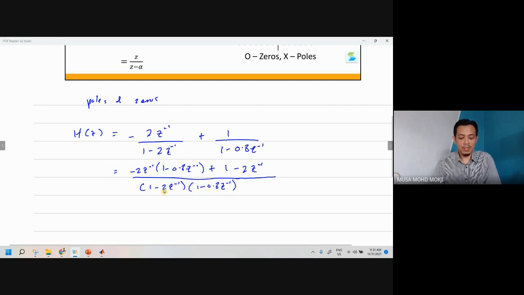One is 2, another one is 0.8. Because this one we already factorized into z^-1, we need to solve the numerator.